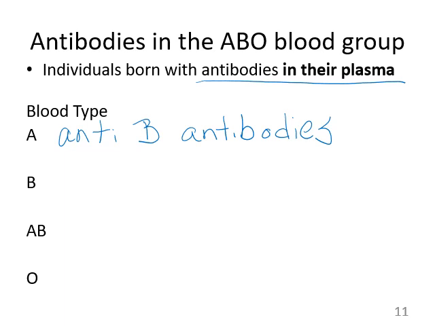Somebody with blood type AB is okay with A and okay with B. No antibodies for the ABO blood group. Now, RH might be a different story, but we'll talk about that in a moment. You've got a chart and an electronic form you can fill out to check your answers. I want to let you work through type B and type O yourself.